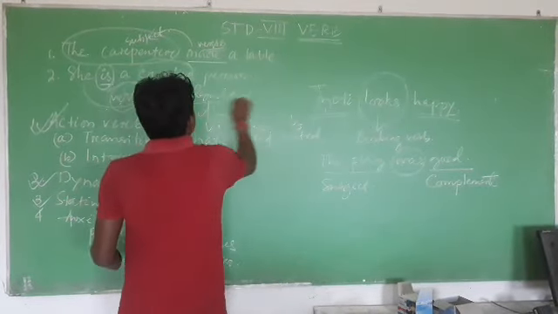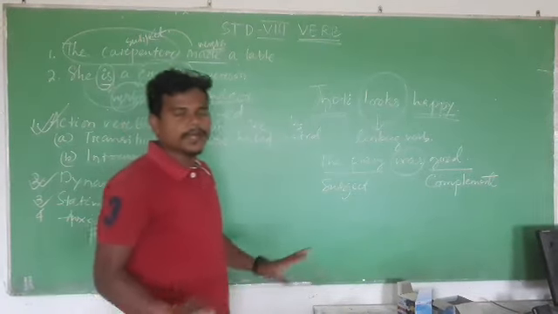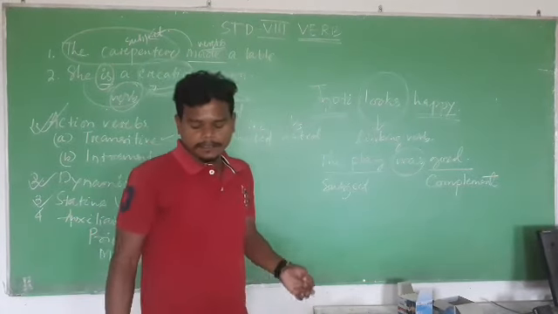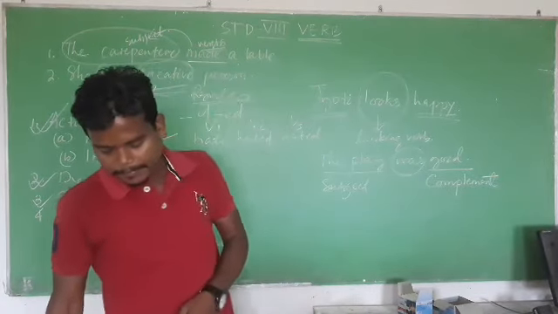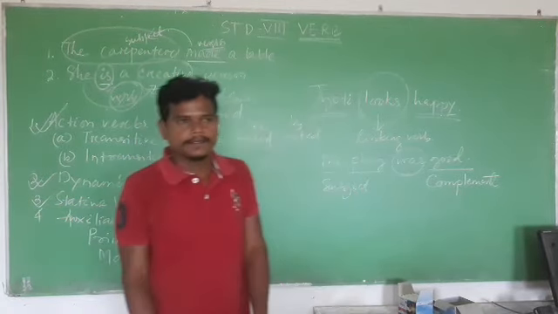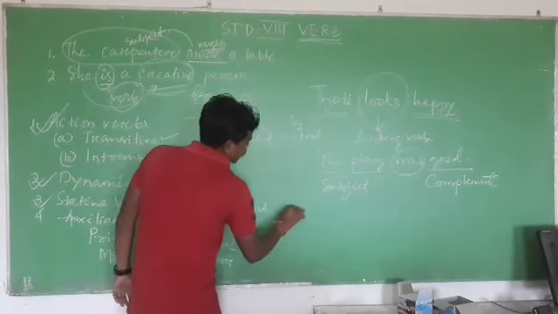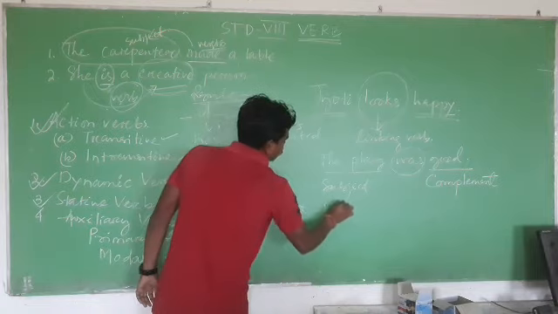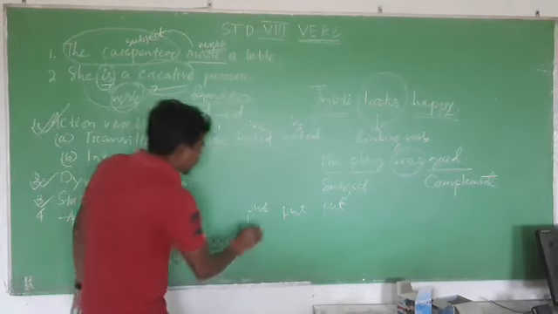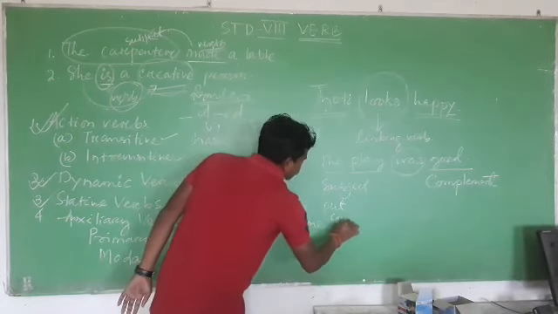And in case of irregular verbs, there is no formula, no rules, nothing. That means there are around 250 irregular verbs in English. We say irregular: put, no ed, nothing. Come.